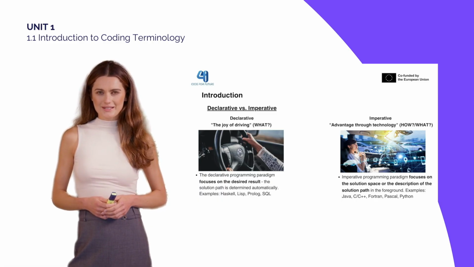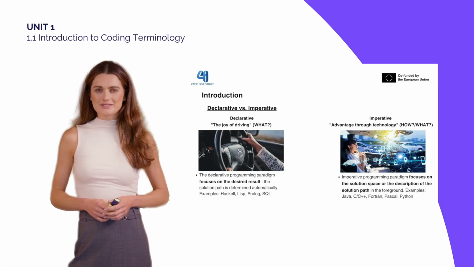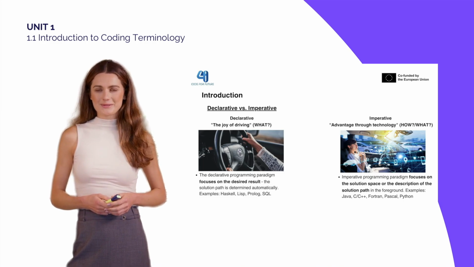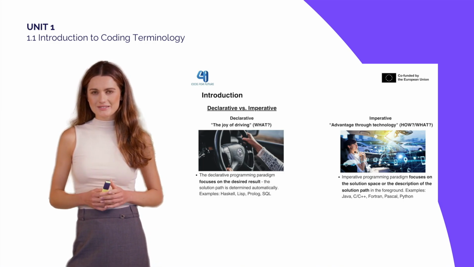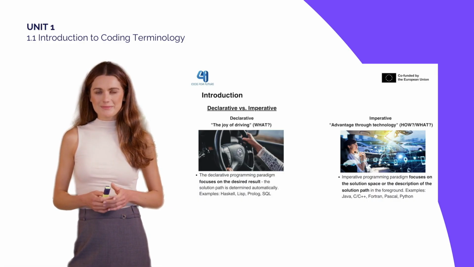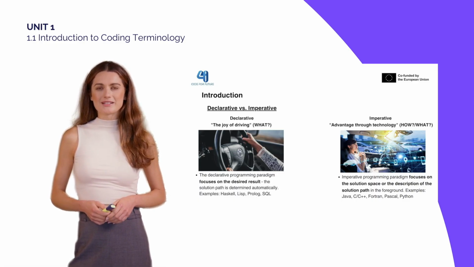Imperative programming, on the other hand, is like manually driving a car. You don't just say where you want to go, you also decide how to get there, controlling every turn and speed adjustment along the way. This approach focuses on the steps and instructions needed to reach the goal, giving you more control over how the task is executed. Example, instead of using a GPS, you look at a map and plan your own route, deciding every action.